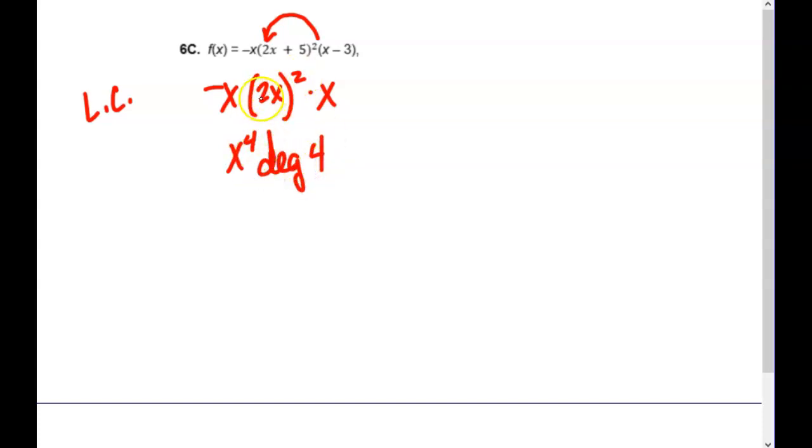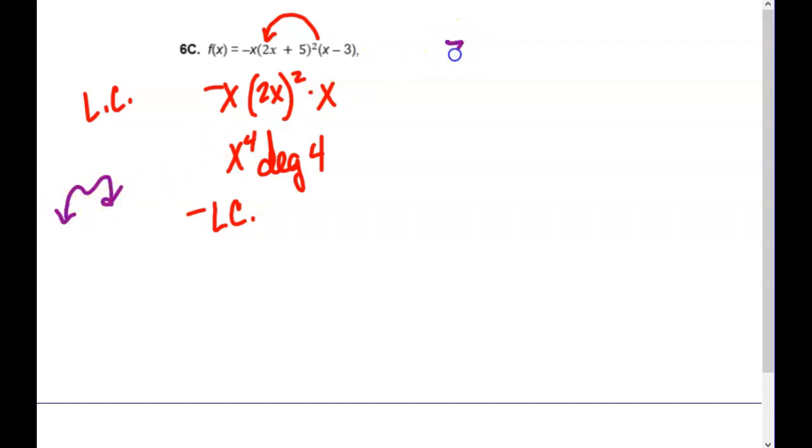If I square this, I get a 4, but it really doesn't matter. All I care is that because of that negative in the front, it's going to have a negative leading coefficient. I don't really care what the leading coefficient is. I just know it's negative. So what is it going to look like if we have a degree 4 with a negative leading coefficient? Degree 4, both ends go the same way. Negative means both ends down.